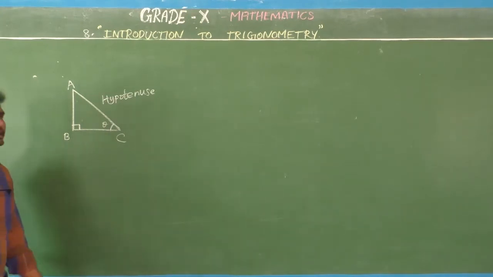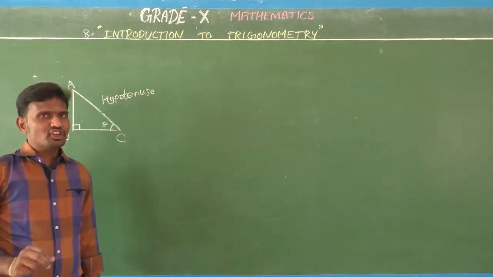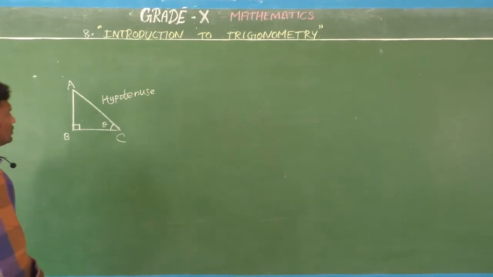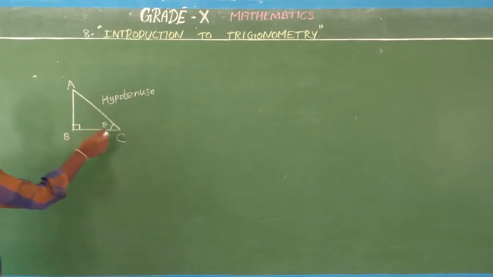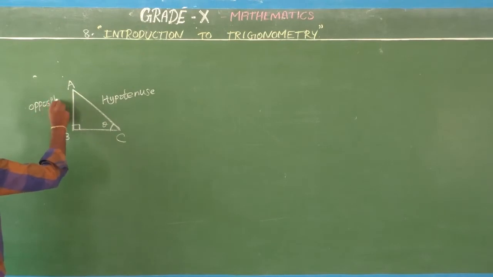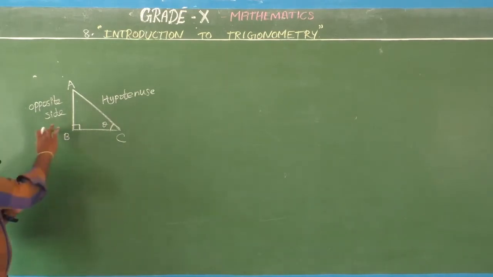So 90 degree, 80 degree, 70 degree, all these we mention by theta. Yes, okay. So suppose I am taking angle C as theta, the side opposite to theta is called the opposite side. What is the name of the side? Opposite side.